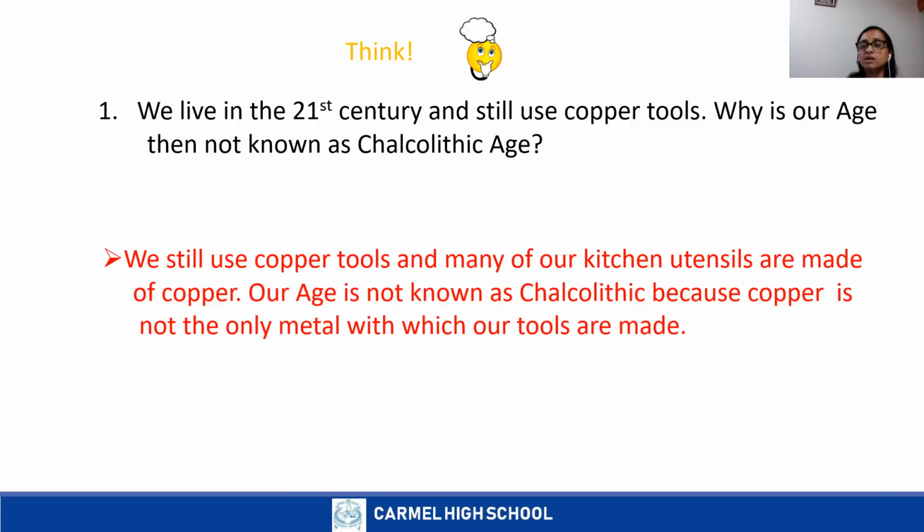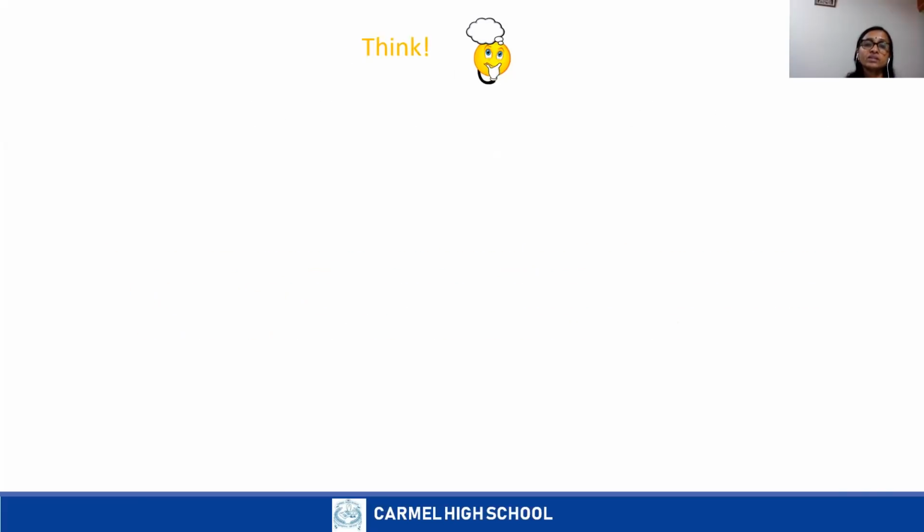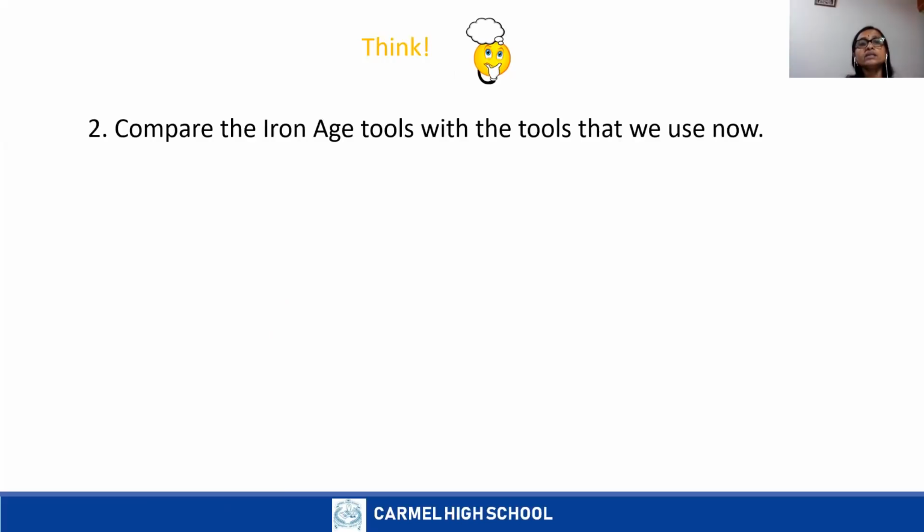Okay. Now next, think and answer. Compare the Iron Age tools with the tools that we use now. You can compare the Iron Age tools and the tools which we use in this modern period. So we know that during Iron Age, the tools were made of iron.